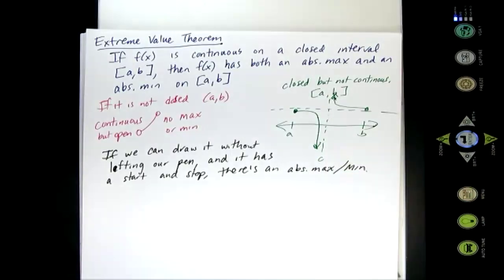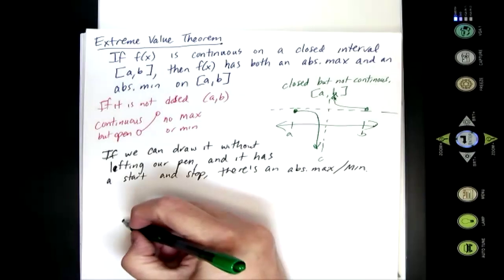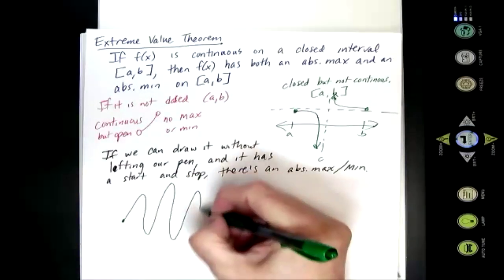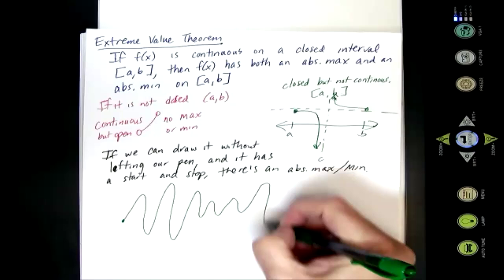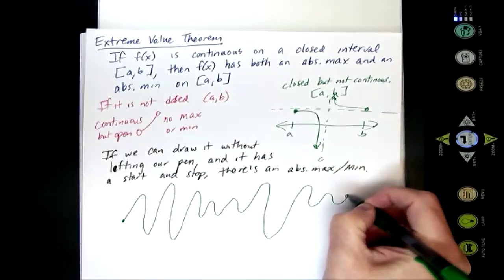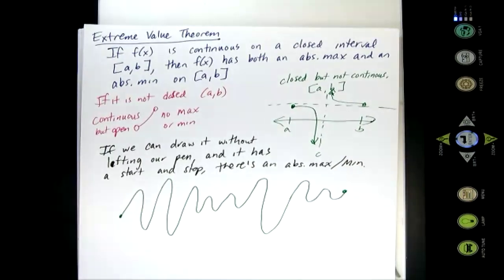And it can be as messed up as we want it to be. It might have a ton of local maxes and a ton of local mins, but at some point there is a highest max, and at some point there is a lowest min.